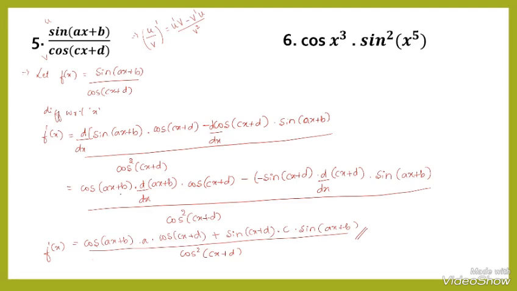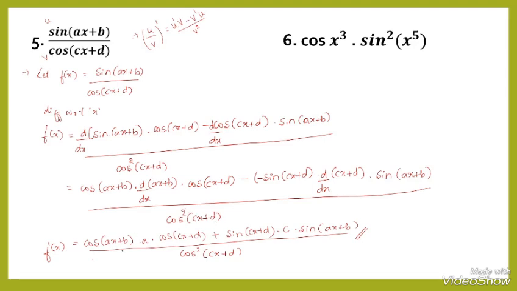We don't have a plain x, so I will take d by dx of ax plus b, into cos of cx plus d as it is, minus the differentiation of cos, which will be sin. In place of x we have cx plus d, so I will again take the differentiation and keep sin of ax plus b as constant, again divided by cos square of cx plus d.